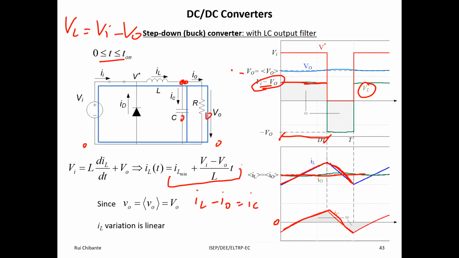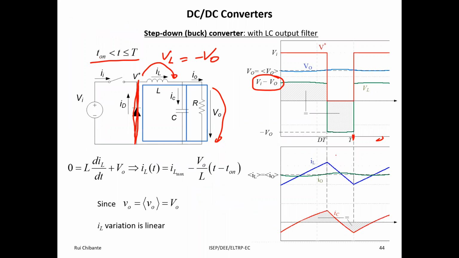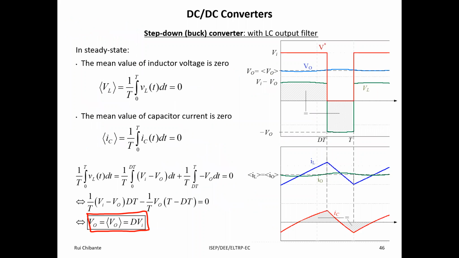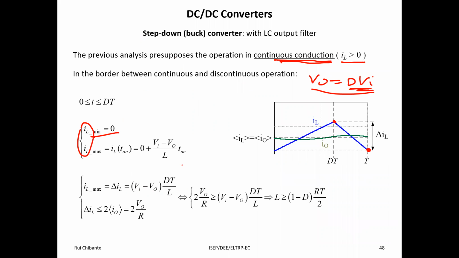Remember when I said that the current has a linear variation. So it is this current that we are using, and so we can say that the minimum of current is 0, and at this time instant we are at T on, at time equal to T on.